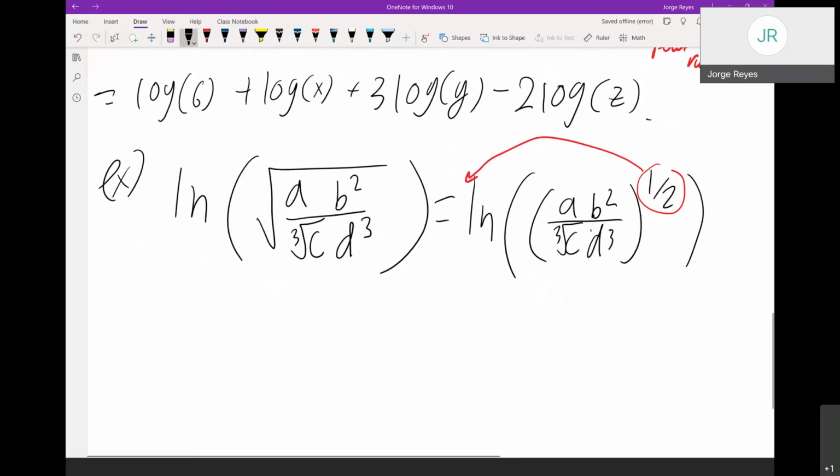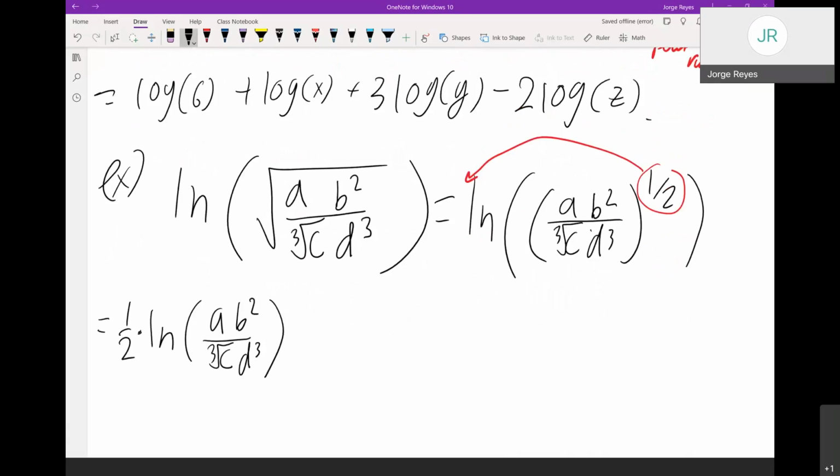Okay, so I should get 1/2 log ab squared cube root c d cubed. Okay, now I'm gonna quotient rule, but notice how this 1/2 is here now.